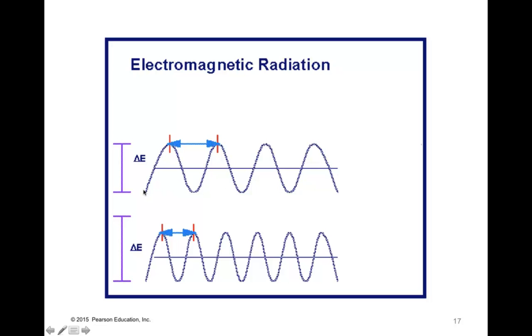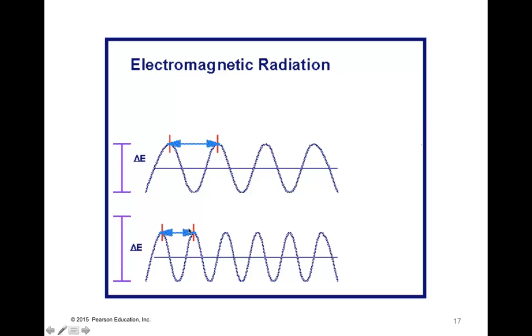Now, how many cycles are in this radiation? Starting from here, this is 1, 2, 3, and 4 cycles in 1 second. Taking this example, we have 1, 2, 3, 4, 5, 6 cycles. Or we can also count the crests: 1, 2, 3, 4, 5, 6 crests, and 1, 2, 3, 4.